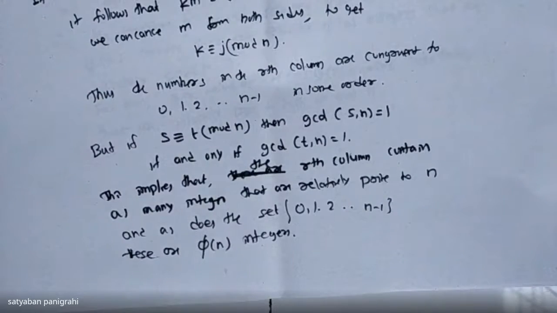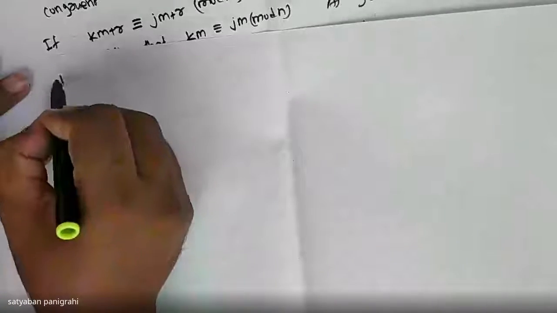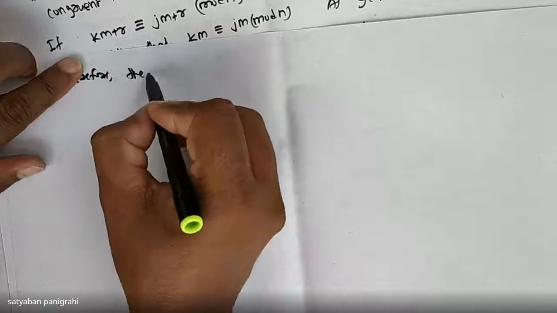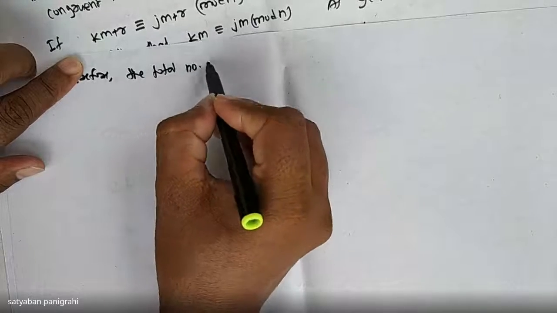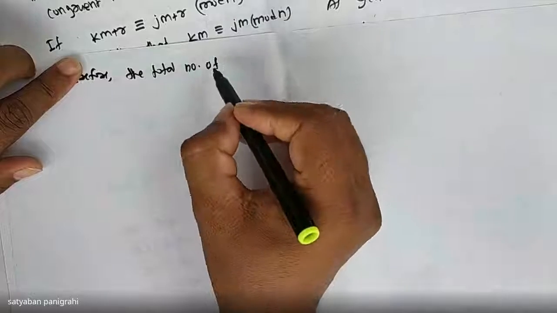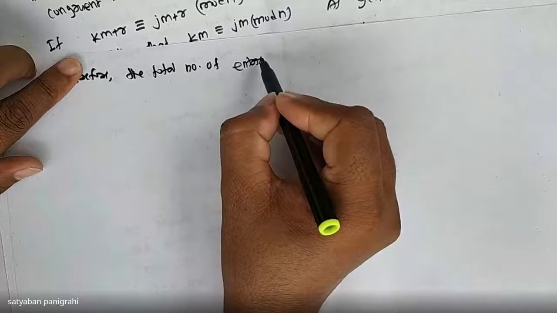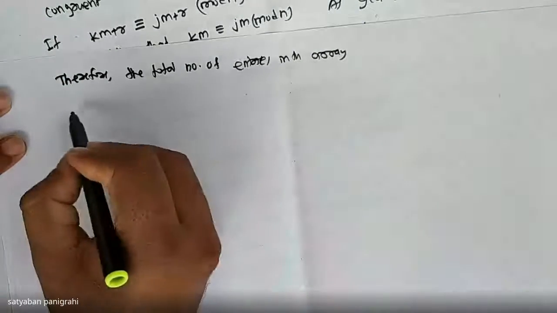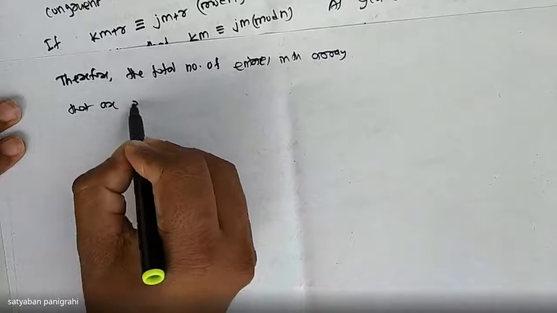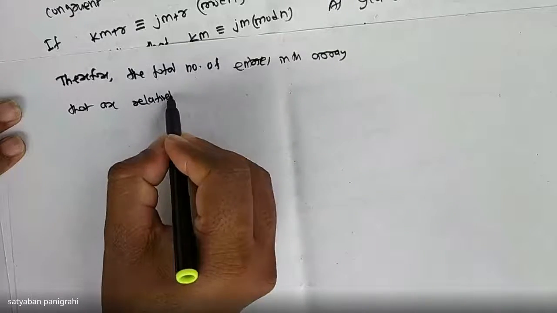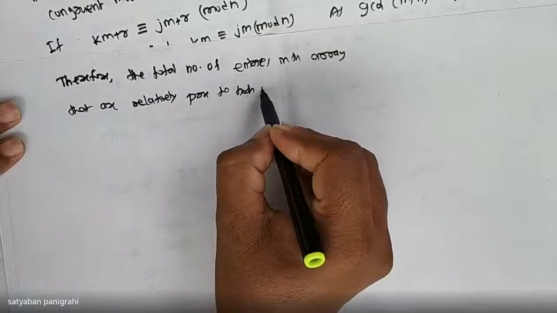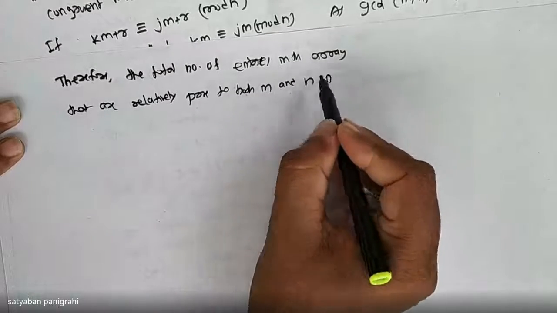Therefore, we can say the total number of entries in the array that are relatively prime to both m and n is how much?